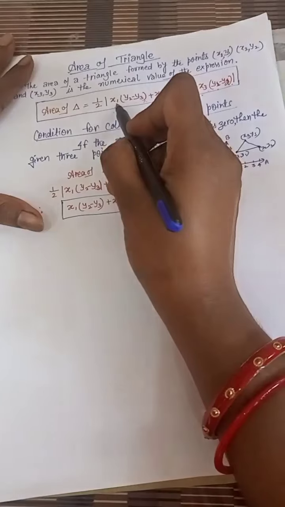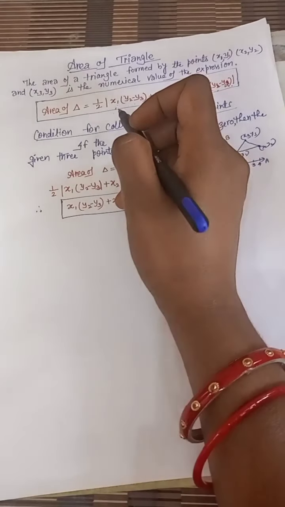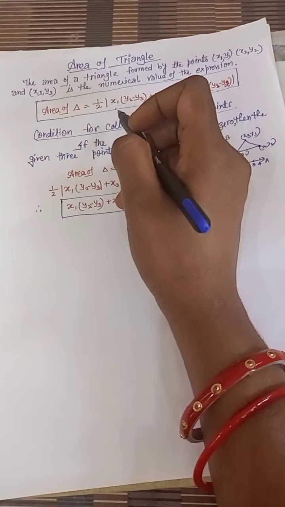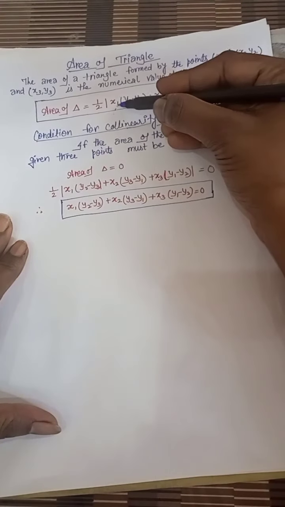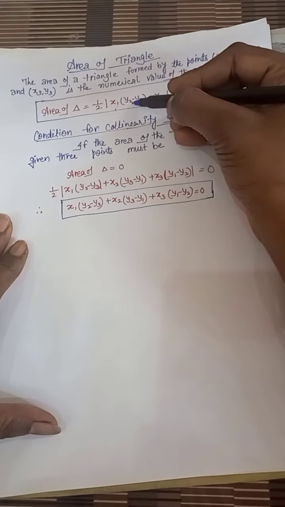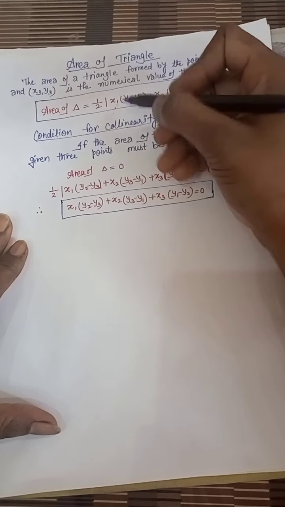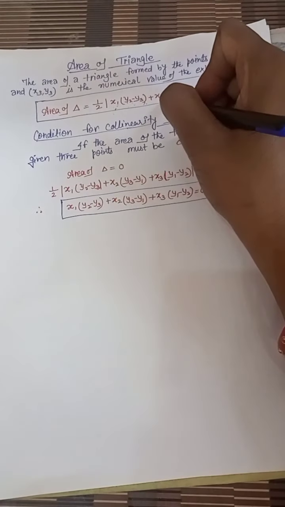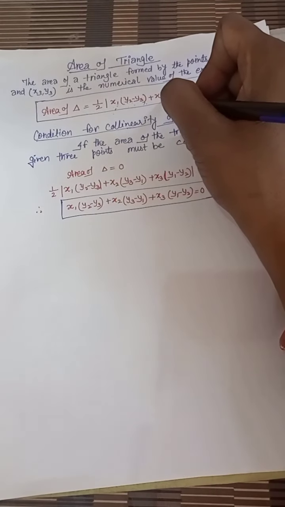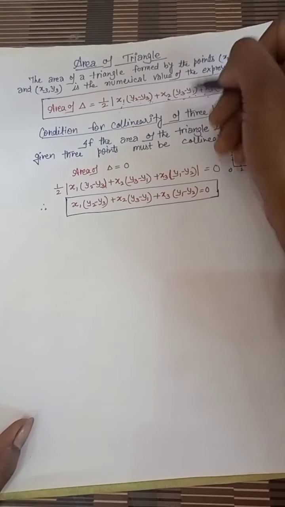Here is x1, so after 1 we get 2, and then 3, but the coordinates will be y, so x1 gets y2 minus y3. Here is x2, after 2 the number that comes is 3, so y3 minus y1.